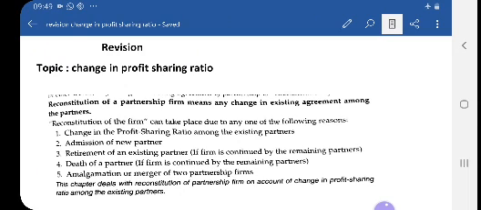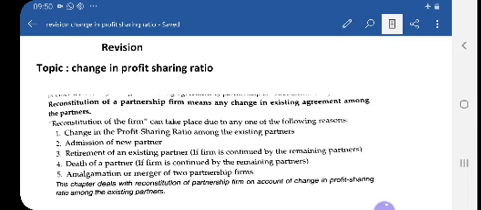Reconstitution of partnership firm and reconstitution of firm, these are two different terms. If the relationships among the partners are changing and the firm continues to exist even after reconstitution, that means reconstitution of partnership firm.